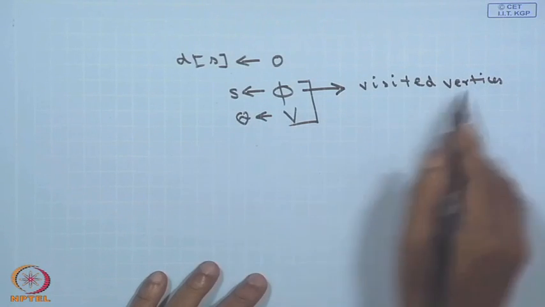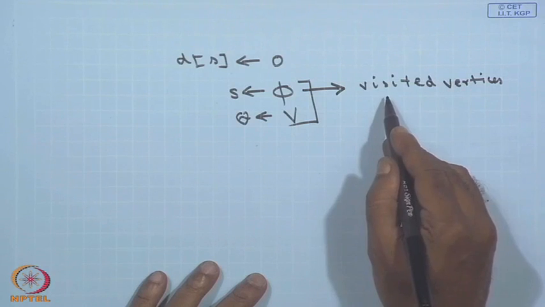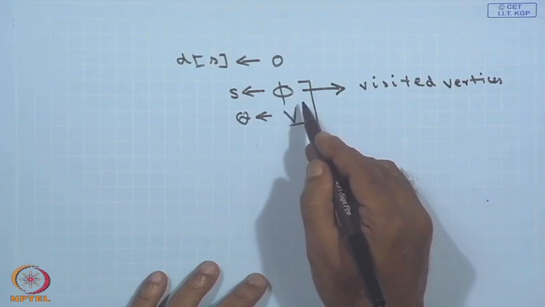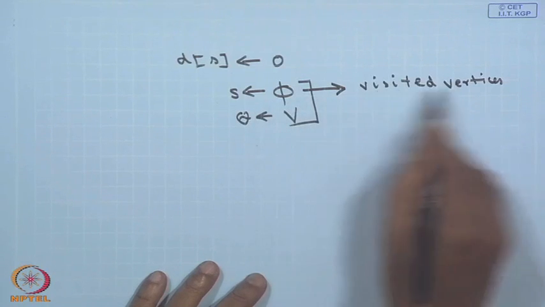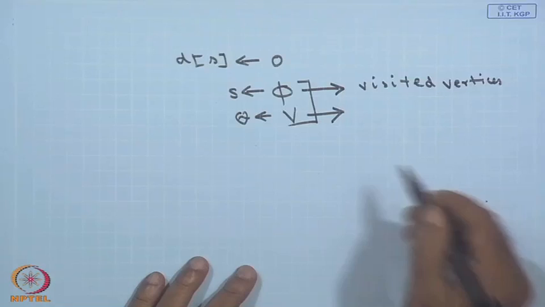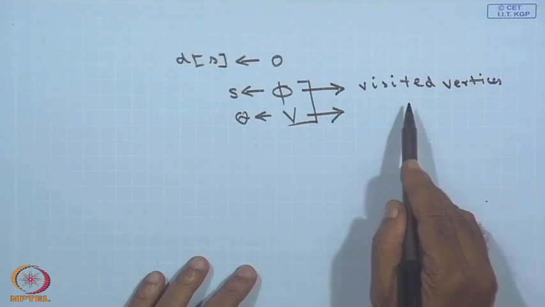How many vertices already we have visited? And obviously, this will be initially empty because we have not visited anything. So, S is the set of visited vertices, and your Q, initially it contains all the vertices.